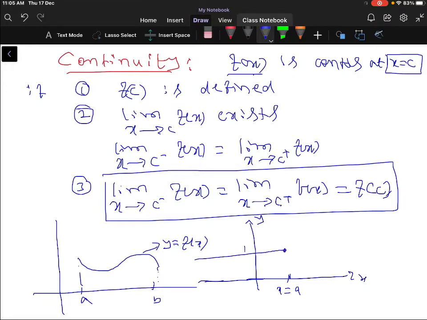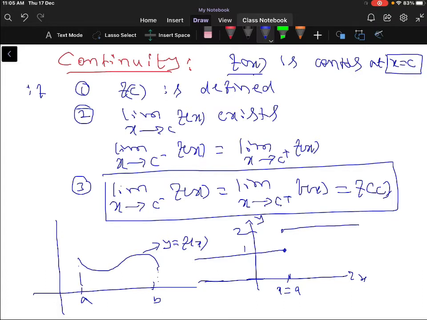For x less than or equal to a, f of x is 1, and for x greater than or equal to a, f of x is 2. This is 2.